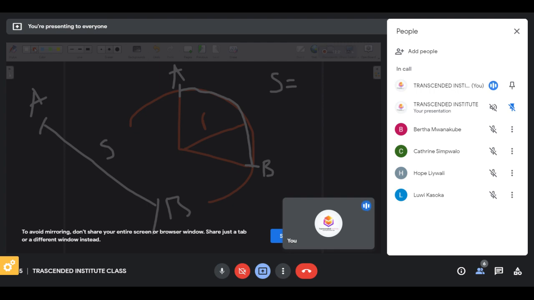Angular what? Angular velocity? Is that a counterpart of displacement?